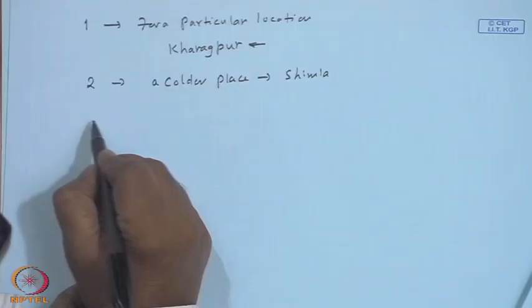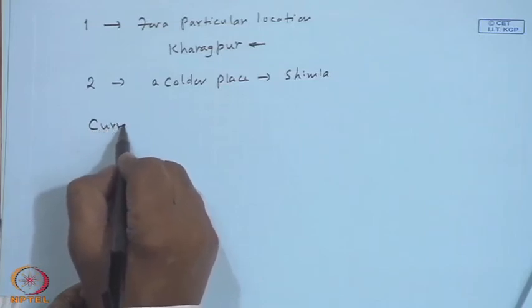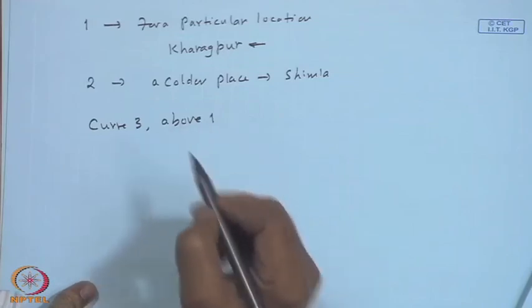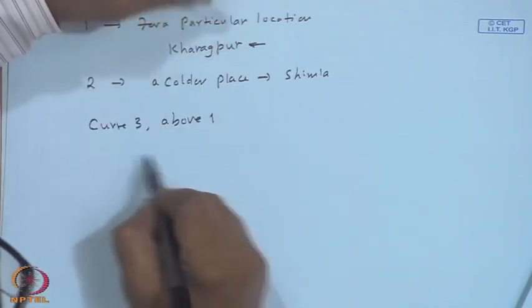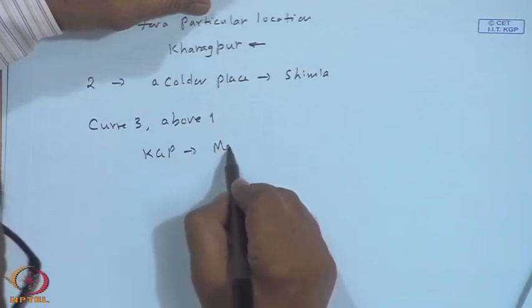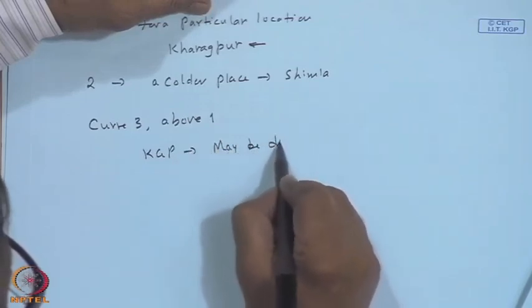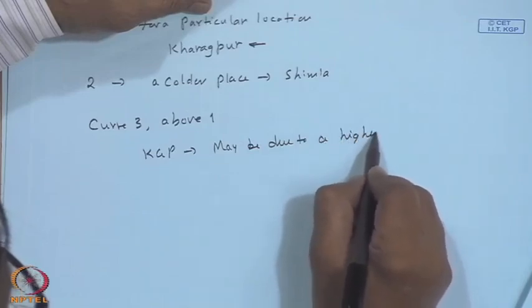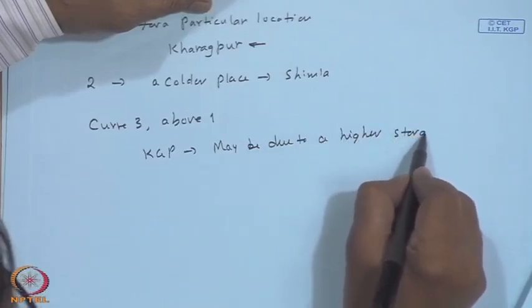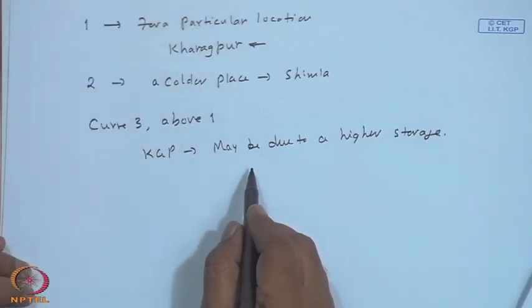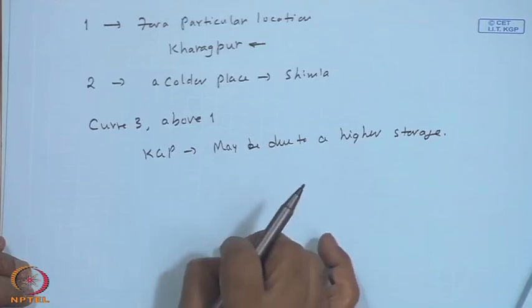So, curve 3 is above 1, even at the same place like, say, KGP Kharagpur, maybe due to higher storage. Okay, which means that dumping does not occur or dumping will be lesser.